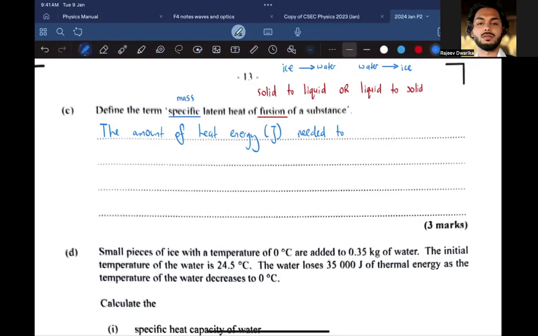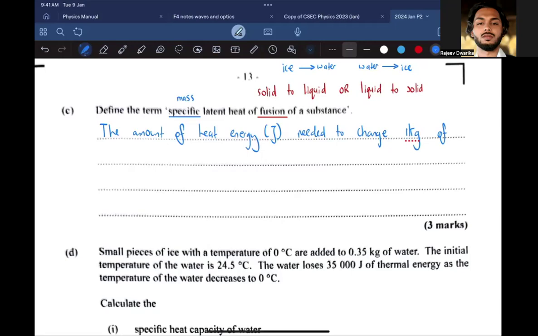Remember, mass is in specific. Needed to change how much kg? 1 kg of a substance by 1 degree Celsius. Okay, now you're talking about heat capacity.